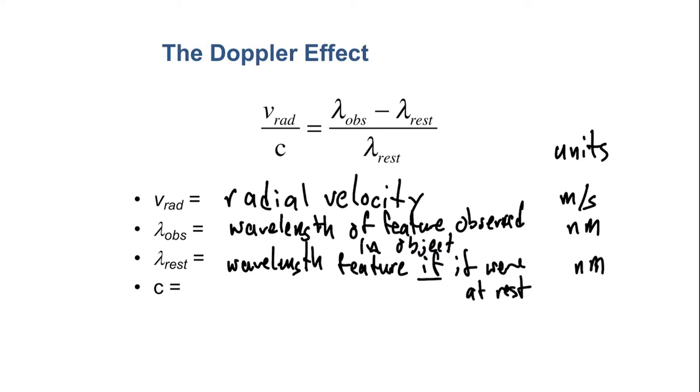And that will also be in nanometers. And of course, c is the wave speed. We're always going to be talking about light being Doppler shifted, so in the case of light, this is the speed of light. And of course, this also has units of meters per second.